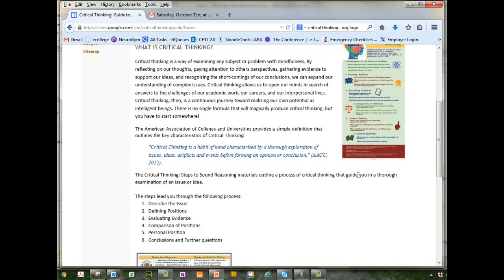I think there are a couple of key concepts in this definition. The first is that critical thinking is a habit of mind. It's not something that we do naturally. It's something we have to build those skills. We have to understand why those skills are important, and we have to build them within ourselves. This is where the faculty comes in, helping students build the habits of critical thinking.